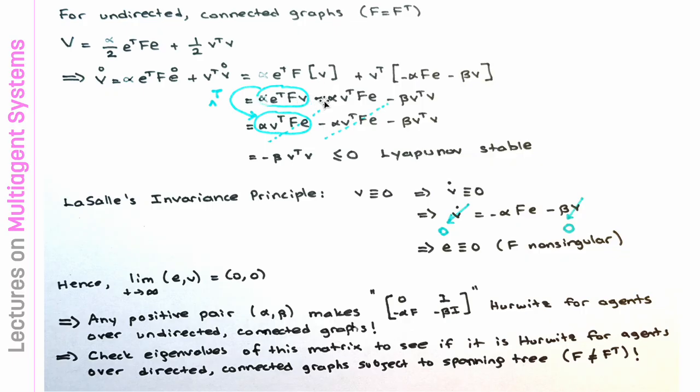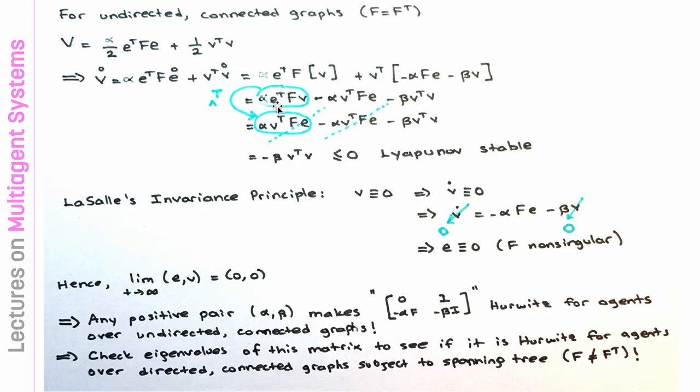This is the first term, this is the second term, and this is the third term. Now, if you look at the first term, this is a scalar, right? e transpose F v is a scalar, like 5 or 10. The transpose of a scalar, a one by one vector, is itself.